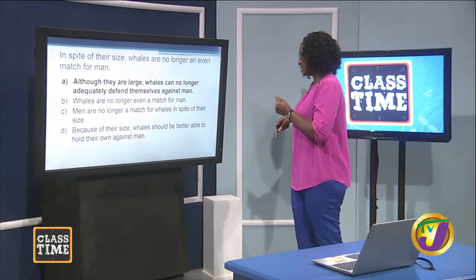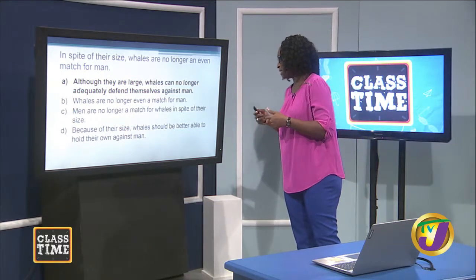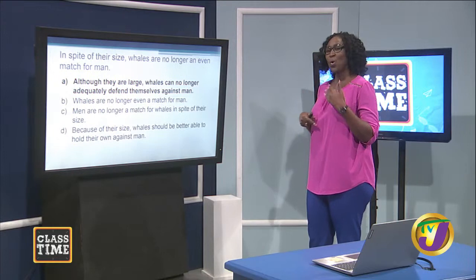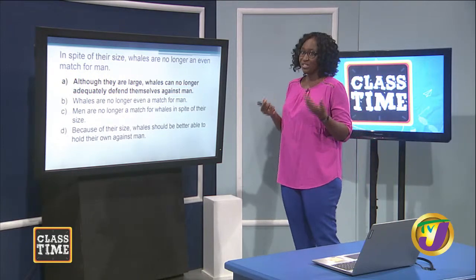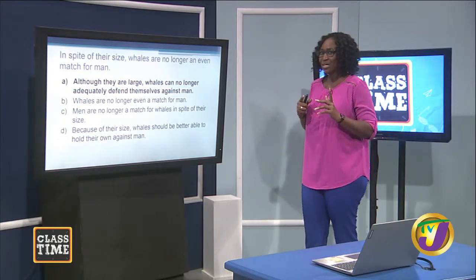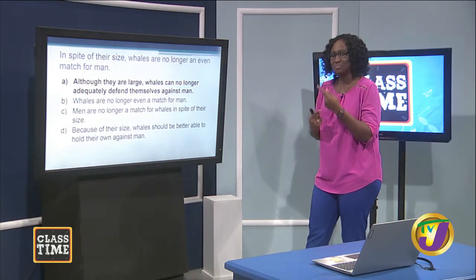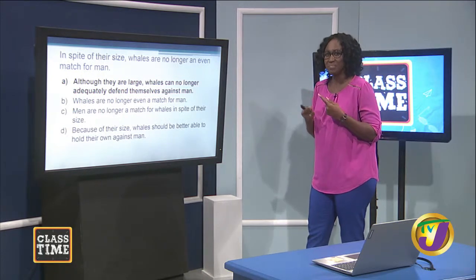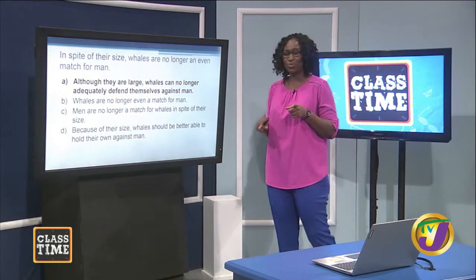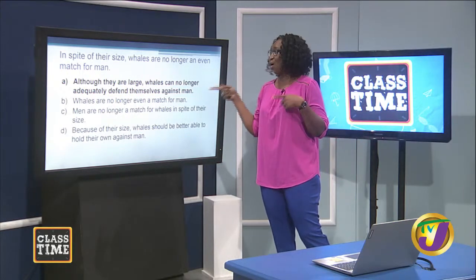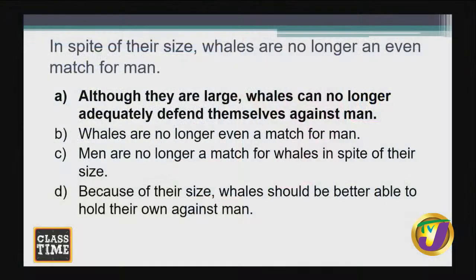And then the last one says, because of their size, whales should be better able to hold their own against man, which is true. However, you want the same meaning being conveyed. Therefore, you need to go with A. Although they are large, whales can no longer adequately defend themselves against man.